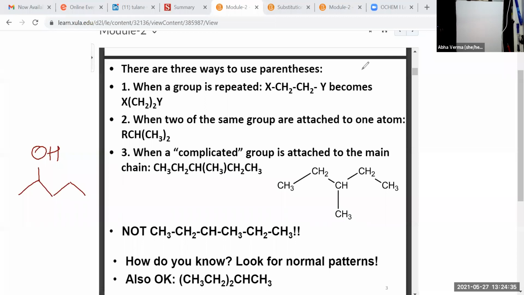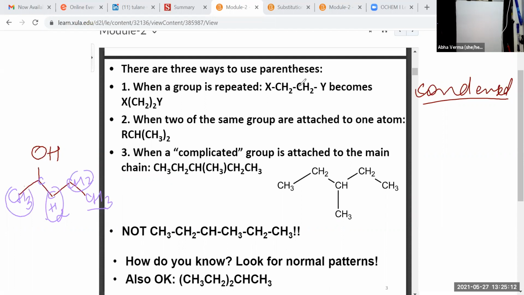How will I write this bond line structure as a condensed formula or a condensed structure? Before I give my answer, I will have to build up. I cannot just straight away think, oh, this is what it is going to be. What I will do is I will write CH3, C, CH2, CH2, CH3. Now, do you all understand these CH2s, these CH3s?